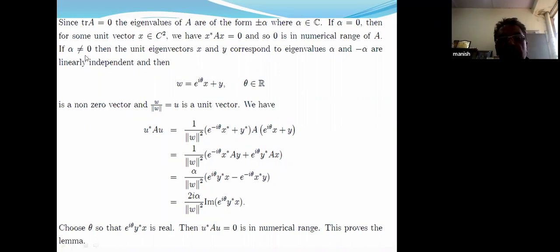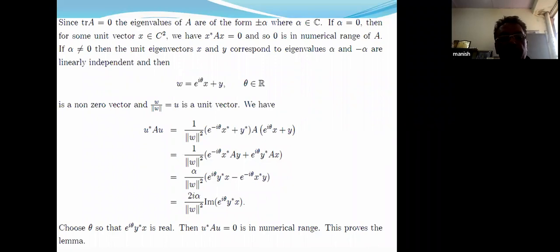If alpha is equal to 0, then clearly 0 lies in the numerical range. If alpha is not equal to 0, then the unit vectors x and y corresponding to eigenvalues alpha and minus alpha are linearly independent. Why? Because they are distinct eigenvalues, and eigenvectors corresponding to distinct eigenvalues are linearly independent.